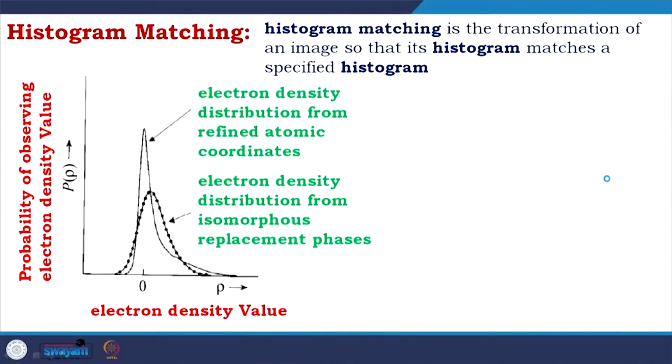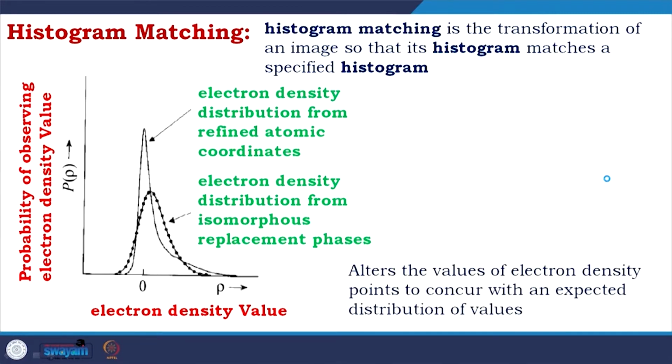So, electron density value and probability of having electron density value, we get 2 peaks, electron density distribution from refined atomic coordinates and electron density distribution from isomorphous replacement phases. So, experiment is this and it is becoming better. So, it alters the values of electron density points to concur with an expected distribution of values. So, by our knowledge we actually make it better.